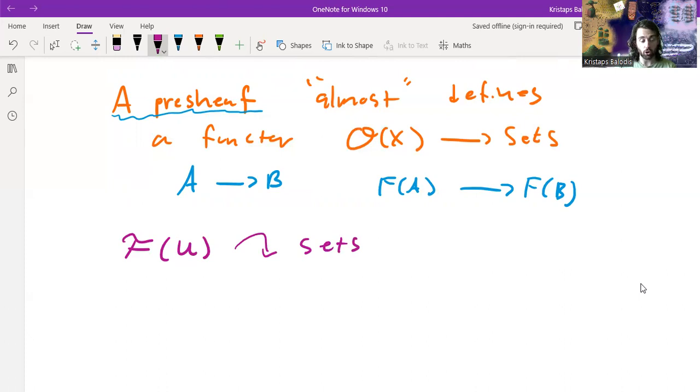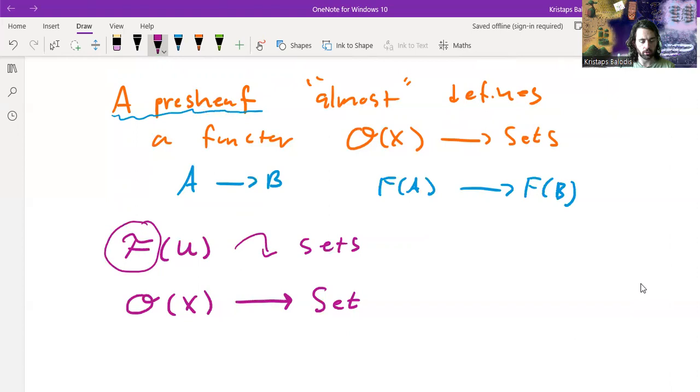So there's at least hope, because on the level of objects, a presheaf, since it eats open sets, certainly defines a map from the objects of our category of open sets to the category of sets. What about morphisms, though?